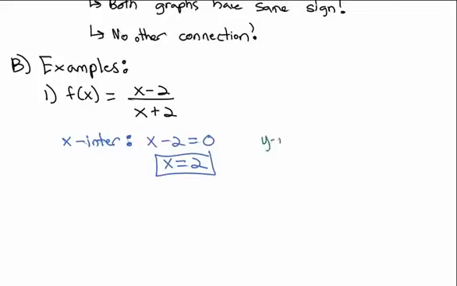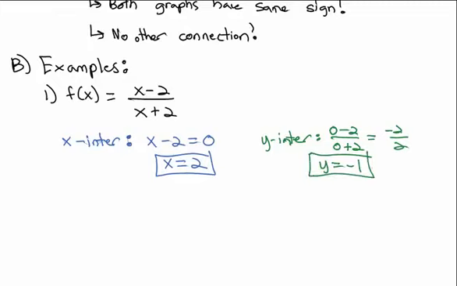The y-intercept is we make the x's equal to 0. So we have 0 minus 2 over 0 plus 2 gives us negative 2 over 2, and so the y-intercept is at y equals negative 1.